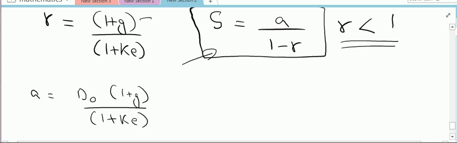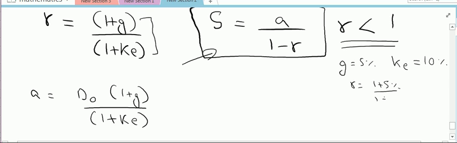Let's say your growth rate is 5% and your ke is 10%. Your r will be 1 plus 5% divided by 1 plus 10%, which is 1.05 divided by 1.1, which is 0.95. I can apply this formula if the growth rate is less than the cost of equity.